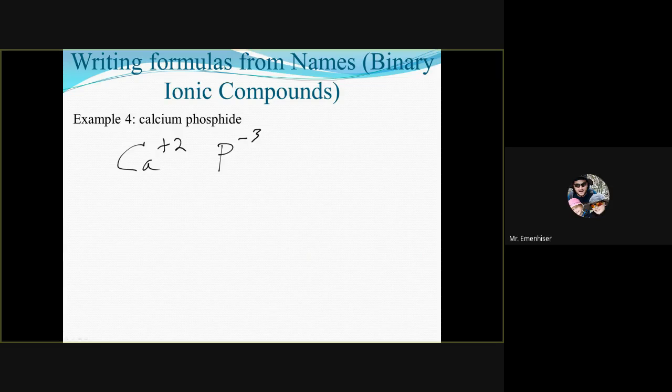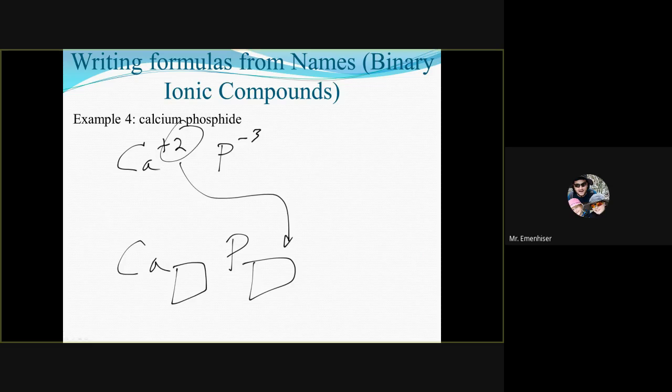So for this one, I'm going to write the symbol for both, leaving a space to write those numbers. The 2 will come down to him, to the phosphorus, and the 3 on the phosphorus will come down to the calcium. So that's our formula, Ca3, because we had a 3 here. And so I'm going to write Ca3P2.